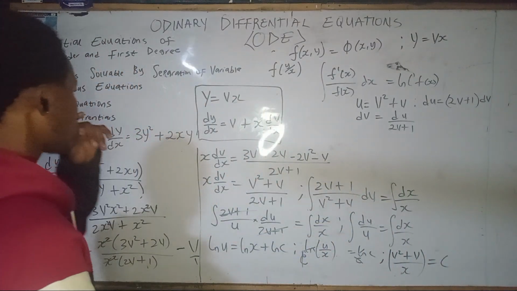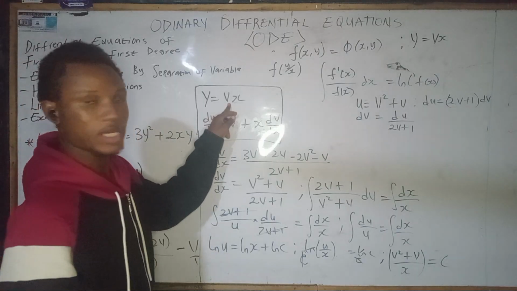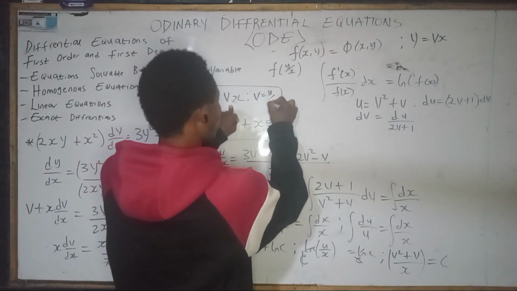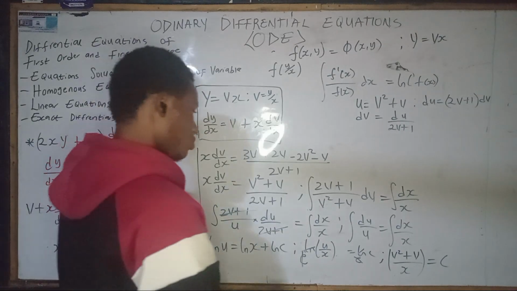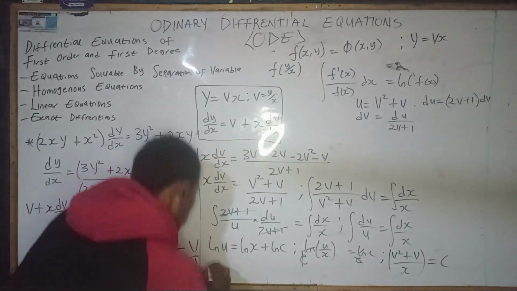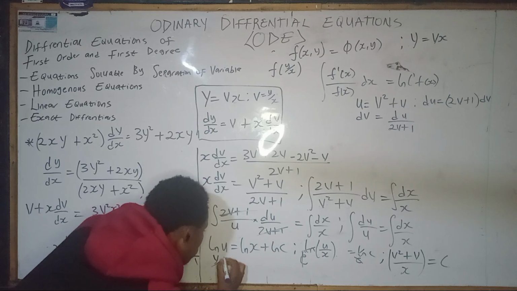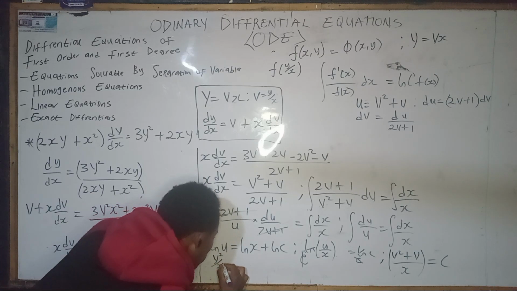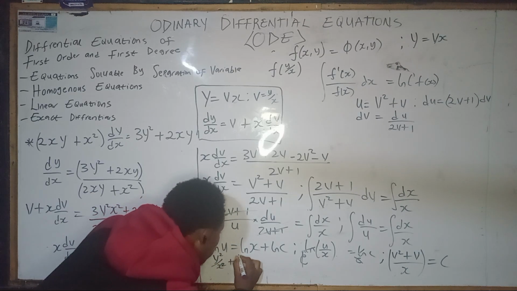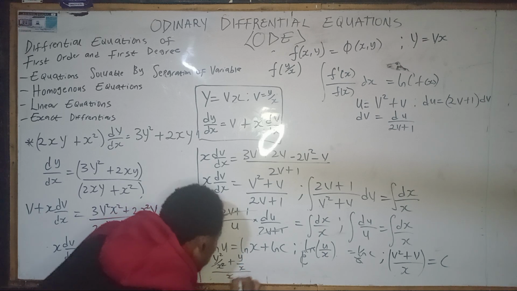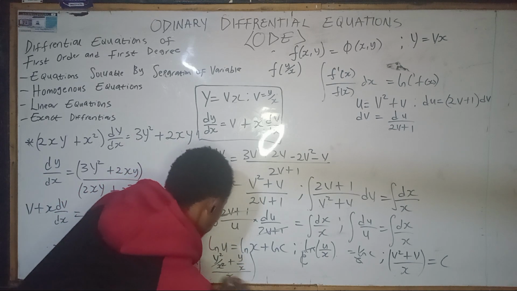And what is v again? Since y equals vx, therefore v equals y over x. So we have (y²/x² + y/x) all over x.